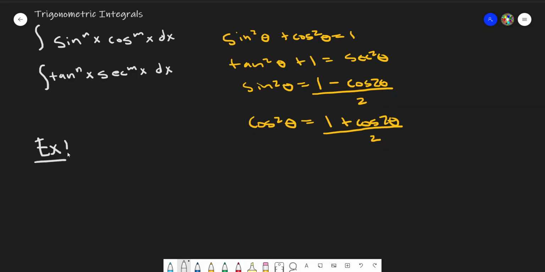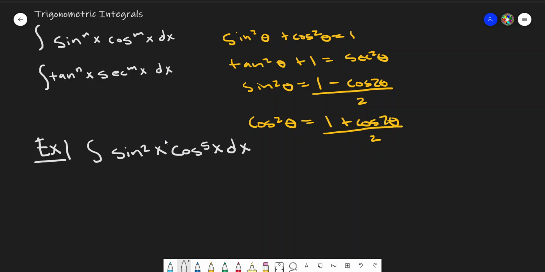So let's look at one that involves the integral of sine squared x times cosine to the fifth x, dx. Here we have to consider what's one thing that we can do to rewrite this. We know that sine squared is 1 minus cosine squared, but that's not really going to help us in either case.